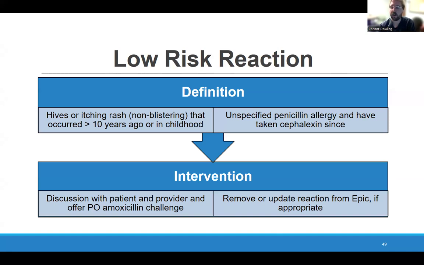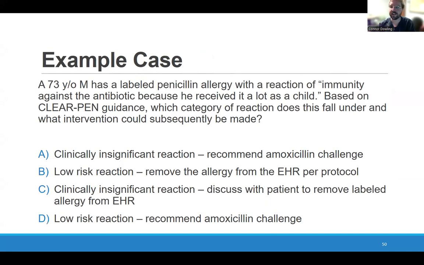And just as a way to exemplify how this would look in practice, this 73-year-old male has a labeled penicillin allergy history with a reaction of immunity against the antibiotic because he received it a lot as a child. So based on our CLEAR-PIN guidance, which category of reaction does this fall under and what intervention could subsequently be made?